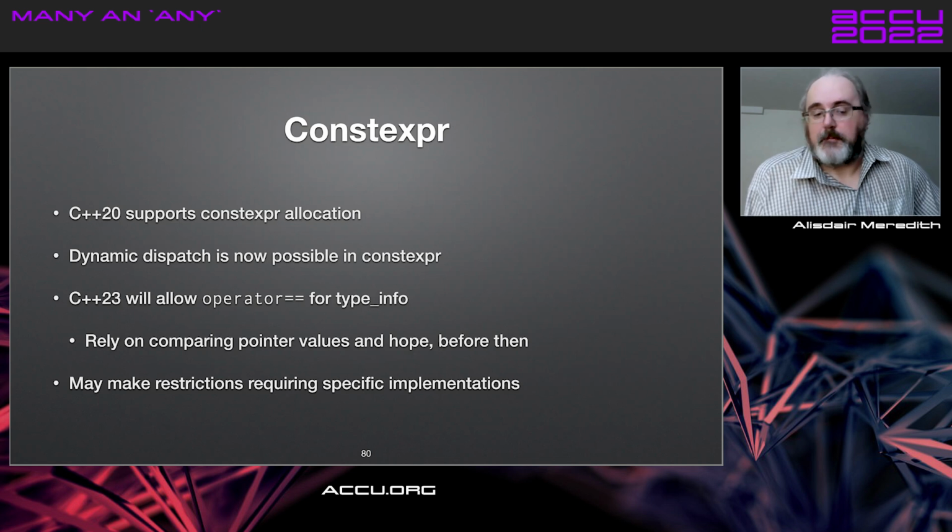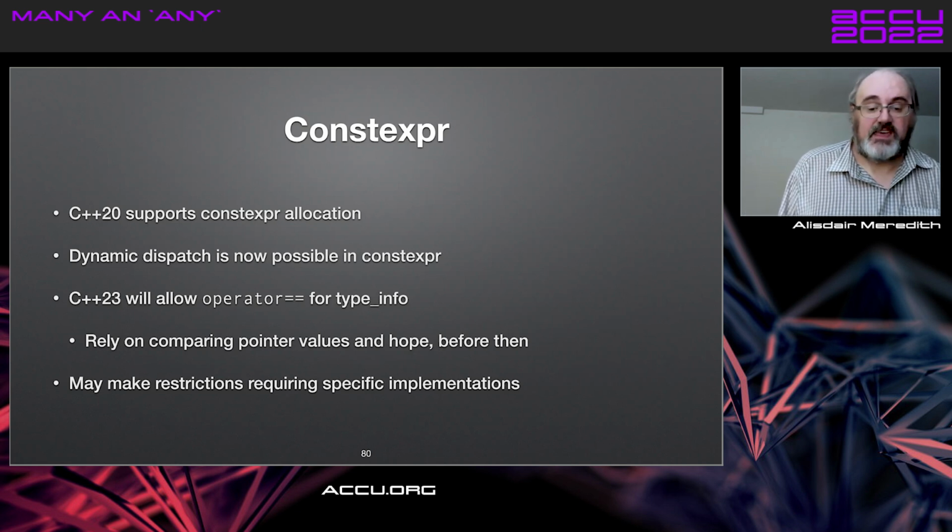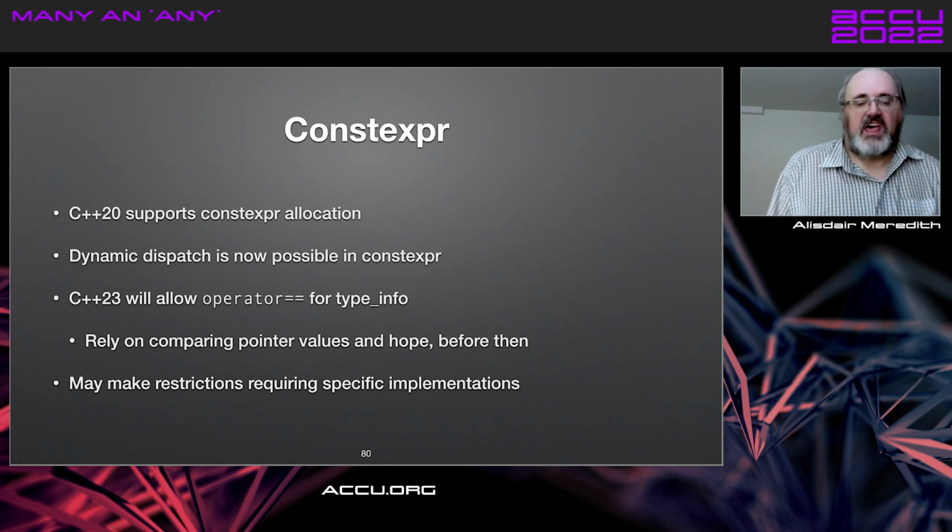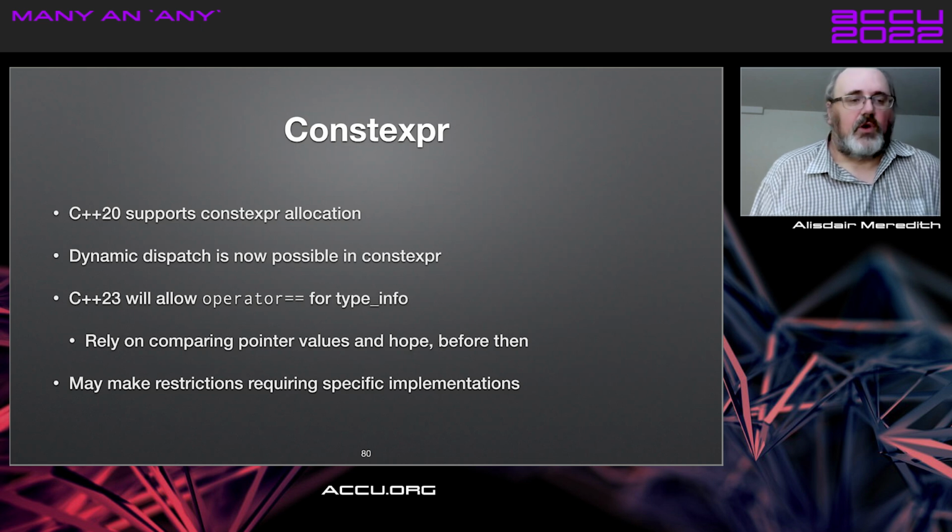If I was going to be comparing type info directly in my implementation, I found that comparing pointer values seemed to work in constexpr. I'm not sure if it was guaranteed to behave or was just getting lucky, but in theory, you don't want to have multiple type info objects representing the same type in your system. I don't know where you end up with shared objects, though I was never in that kind of an environment.